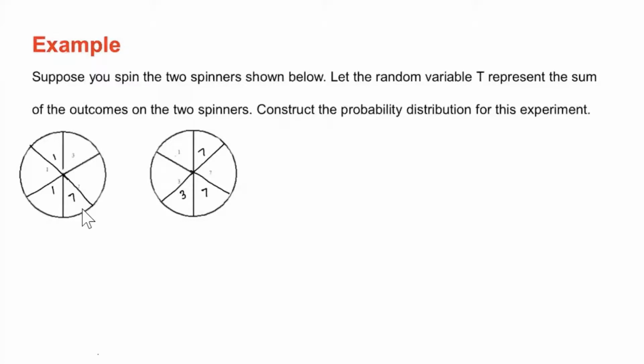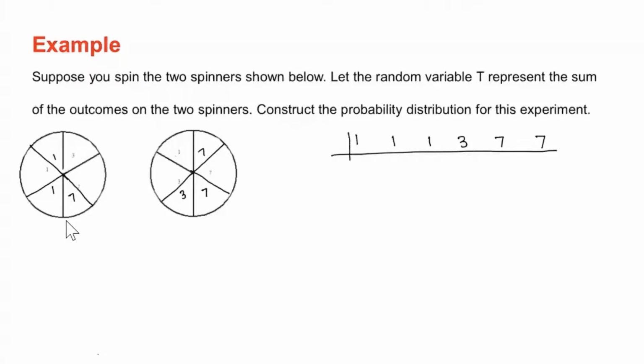So if we spin this, the possible outcomes on the first are 1, 1, 1, 3, 7, 7. So these are the possible outcomes from the first spinner.